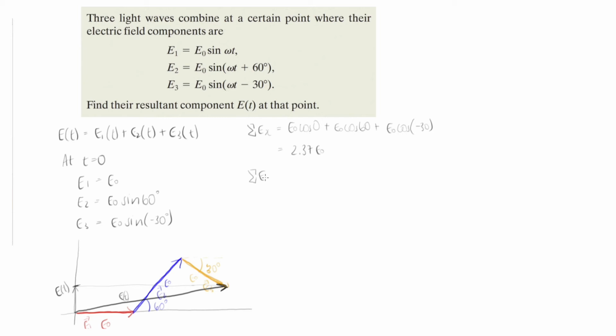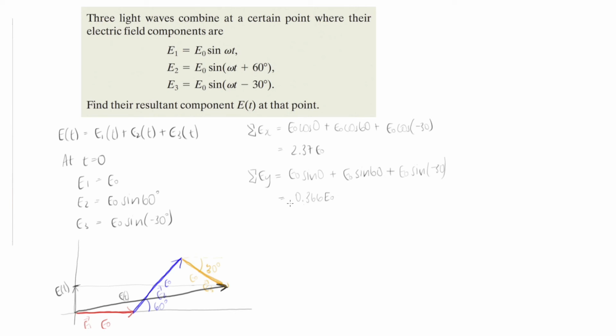Let's look at our vertical component. If we just check out a triangle, it's going to be exactly the same, but sine, because remember, sine is opposite over hypotenuse. And when you do all that, you get about 0.366 E naught. Okay, cool.